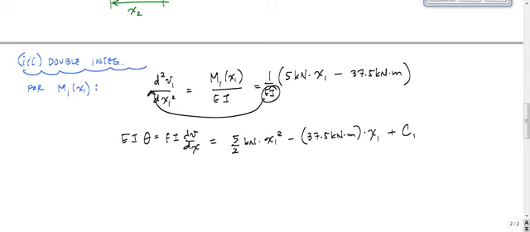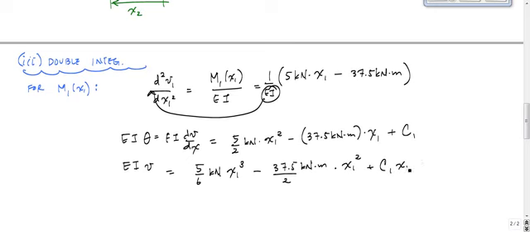Then I take another antiderivative or integral here. So EIV would just be 5 sixths kilonewtons x1 cubed minus 37.5 kilonewton meters divided by 2 times x1 squared plus C1 x1 plus C2. So there's my displacement function. I'll call these ones theta 1 and v1 right here.